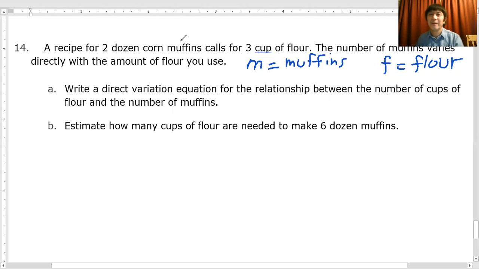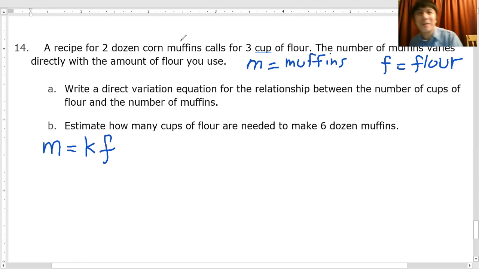So we're talking about muffins and flour. The number of muffins varies directly with the amount of flour. Write a direct variation equation for the relationship between the number of cups of flour and the number of muffins.